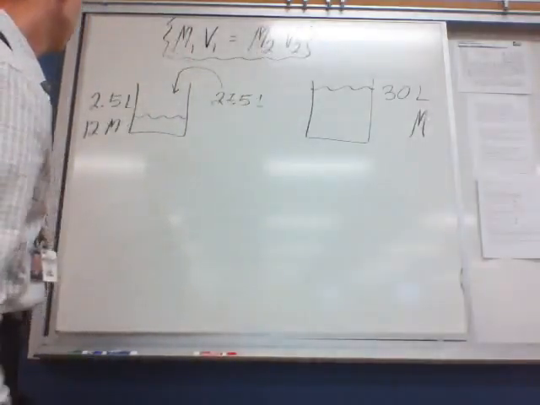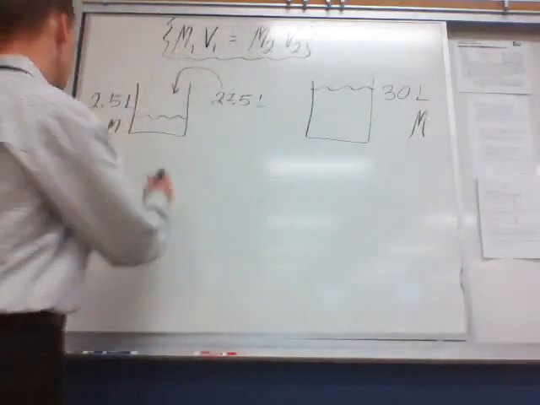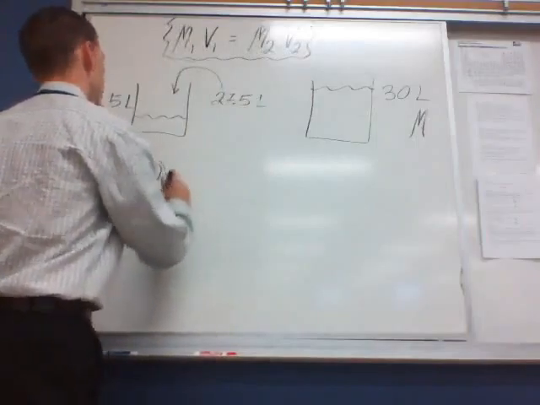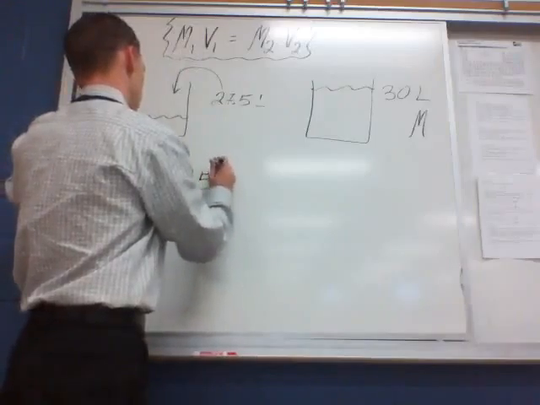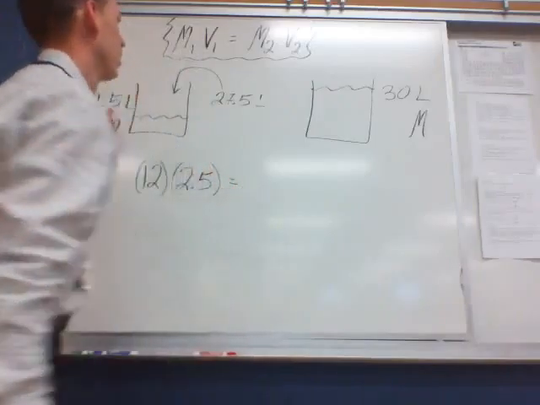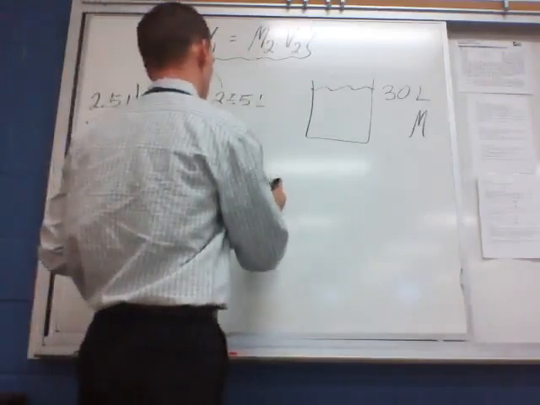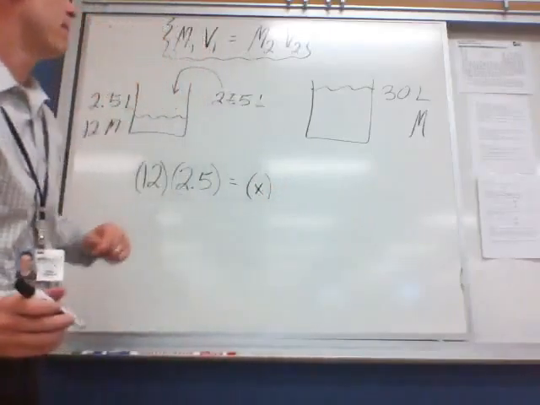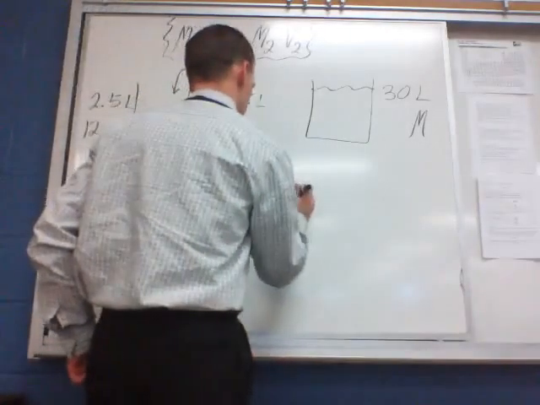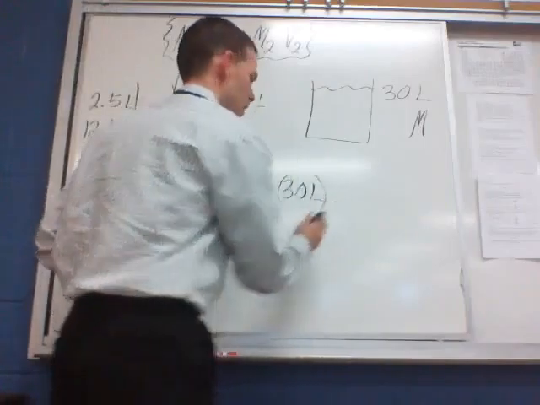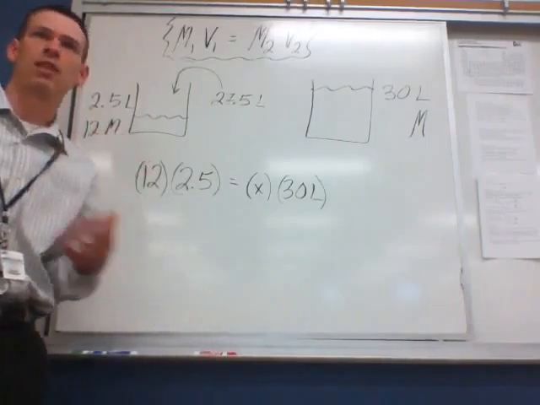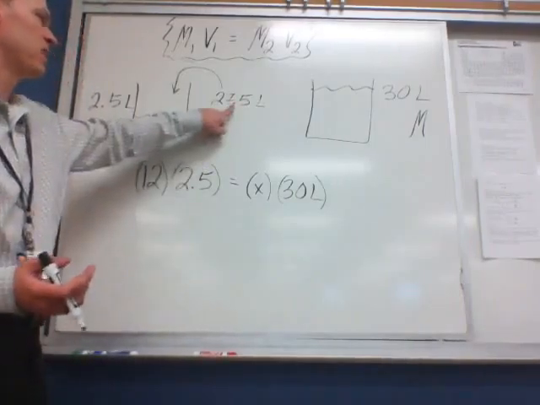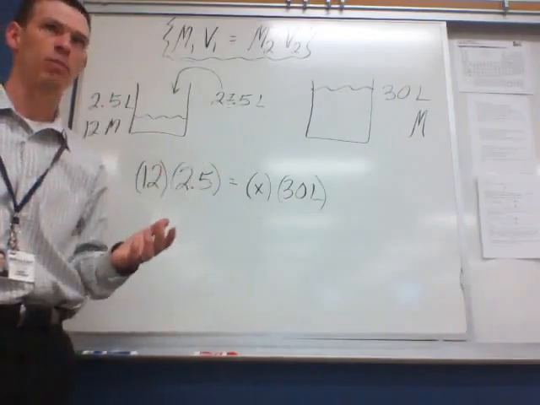Well, let's find out. My starting molarity was 12. My starting volume was 2.5. My ending molarity is what we're going to find. And my ending volume was 30 liters. Now, of course, the most obvious mistake that students make is they'll find a place for this number to go into the equation somewhere.